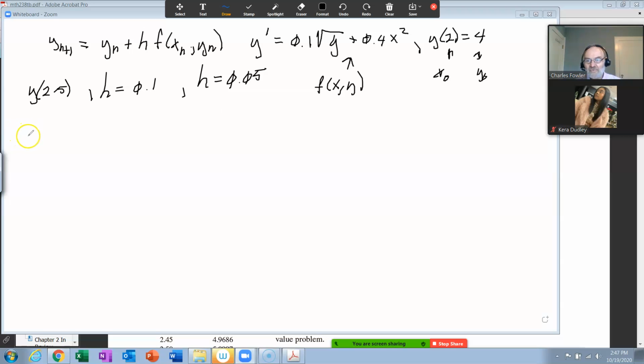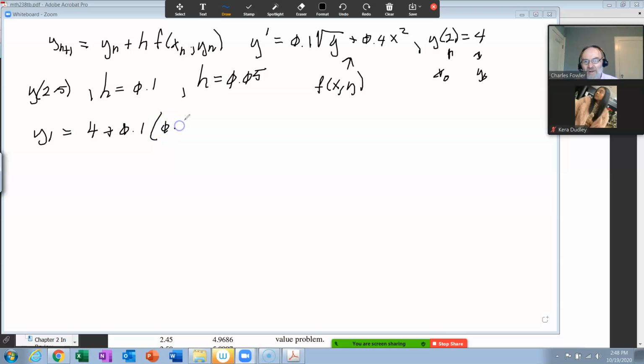So we'll start with y1, when n is equal to 0, is equal to y sub 0, which from up here is 4, plus 0.1 times, and you have a 0.1 here as your h, you have a 0.1 which is part of your y prime, so don't get them confused.